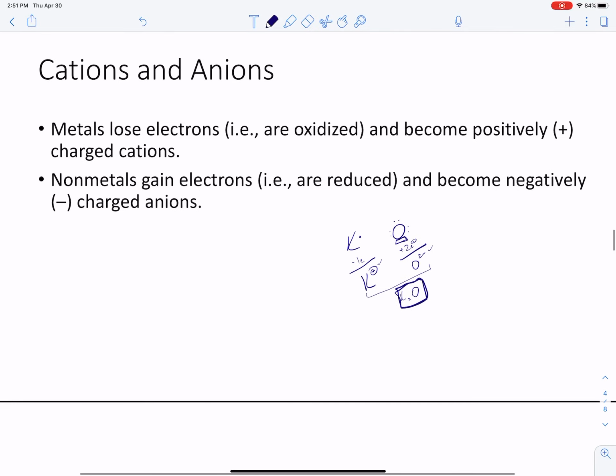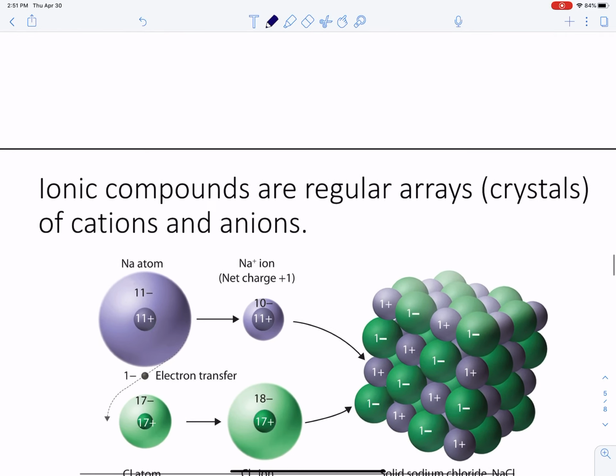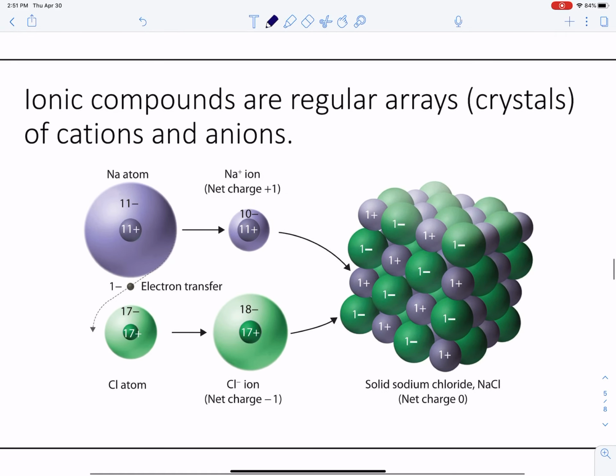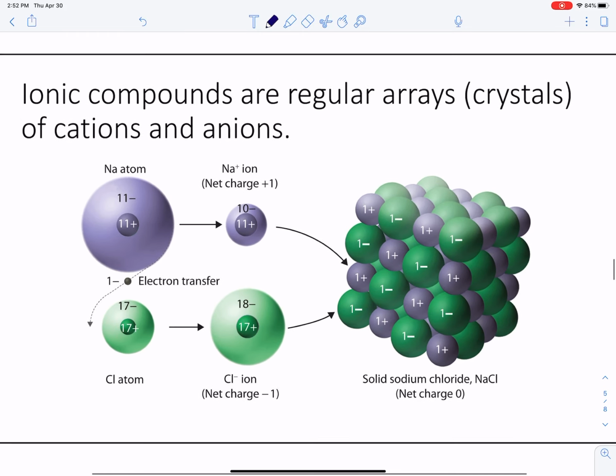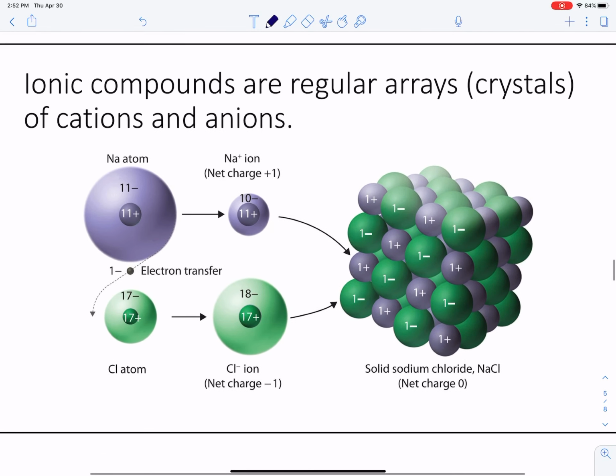These ionic compounds with different cations and anions end up being stuck in regular arrays or crystals. Have you ever noticed that a salt crystal is in a perfect cube? The reason for that is shown here, where we've got the sodium, which loses its 1 electron, and a chlorine, which gains that one electron. And you notice that each sodium is surrounded by 6 chlorines.